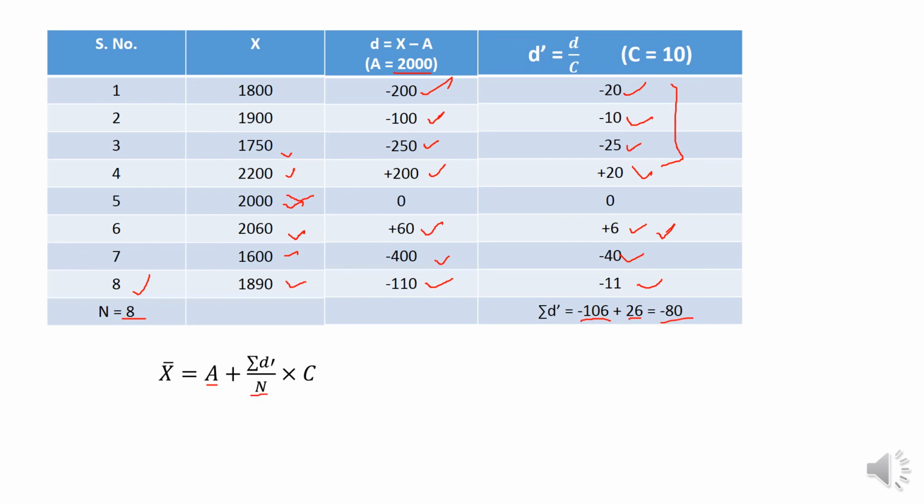And what is the value of n? That is 8, multiplied by c. C is the common factor here, 10. By putting in all these values and solving, we get the answer 1900. So in all three methods, the direct method, the shortcut method, and the step deviation method, we get the answer 1900.